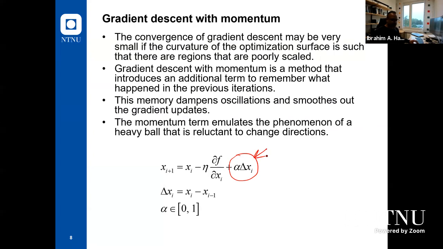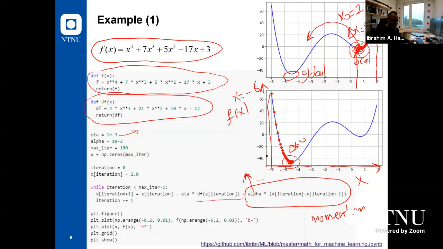I added it here already. In this example, we have this momentum term here, just adding alpha multiplied by delta x, right? All the delta x. So it's just a memory, and you can use it. If it is a memory, we can decide how deep we need to remember.